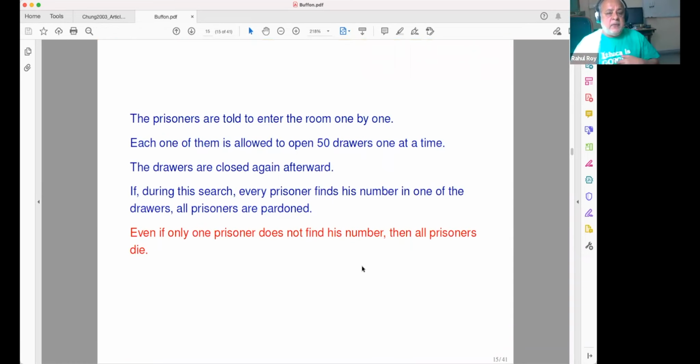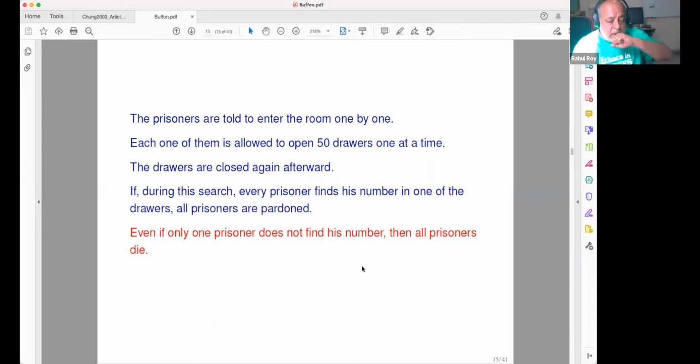The prisoners are then told to enter the room one by one. Each one of them is allowed to open 50 drawers at a time. So the first person can go and open one drawer and another one up to a maximum of 50.